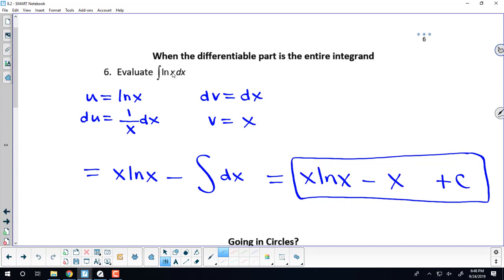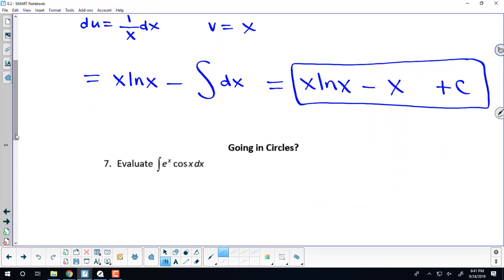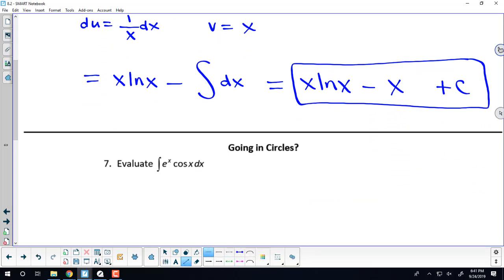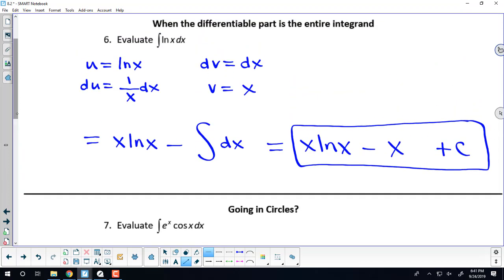Whether you want to remember the whole process of integrating it by parts, or just remember that it's x ln x minus x, either way, I think you should definitely remember that one. All right. So did anyone have any questions on the integral for the natural log?